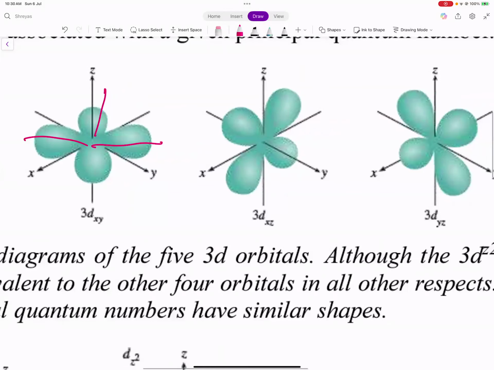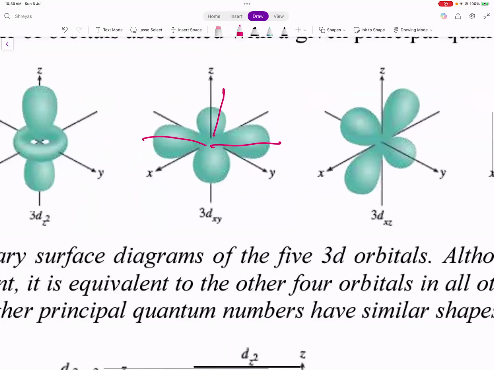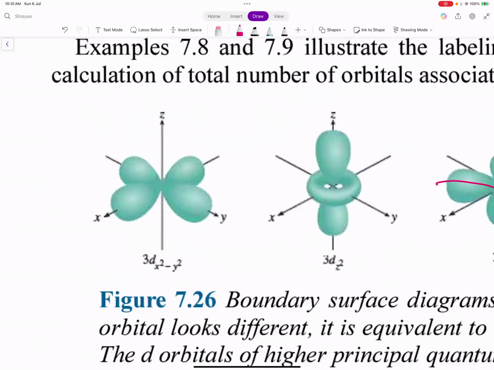The only ones along the axis are the ones which are squared. So dx square minus y square will be along the x and y axes.